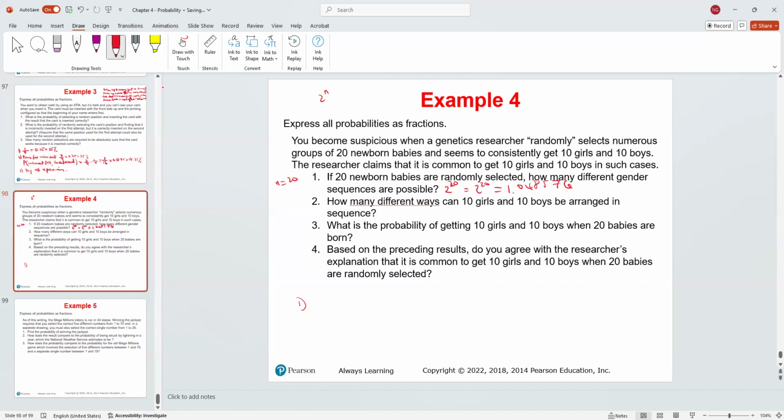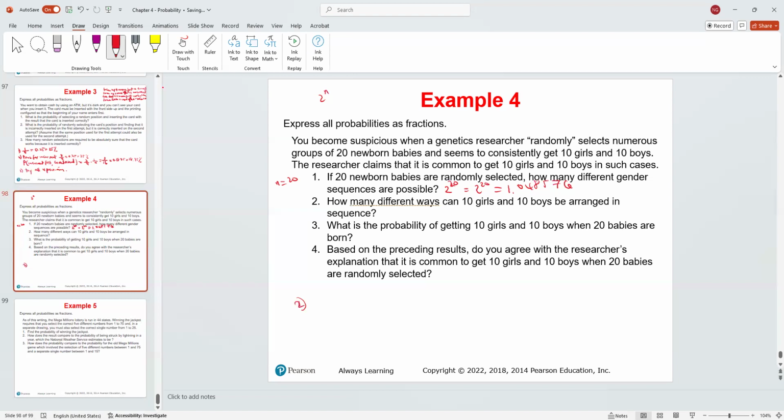This is the number of arrangements of 10 girls and 10 boys in 20 positions.